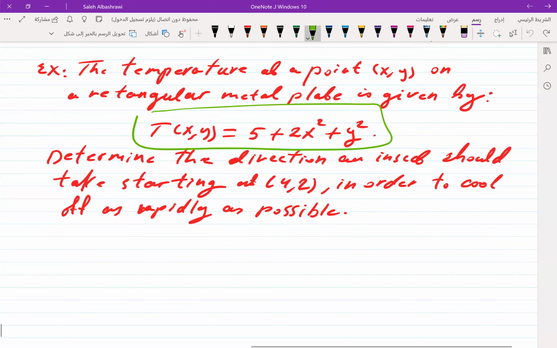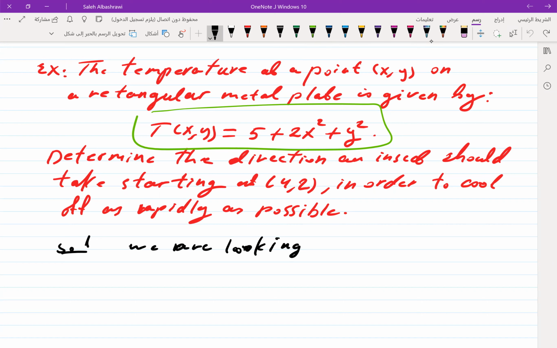And to find that one, we have to find the gradient. We are looking for minus the gradient of T. We say that the positive gradient points in the direction of most increase, and minus the gradient will point in the direction of the most decrease.